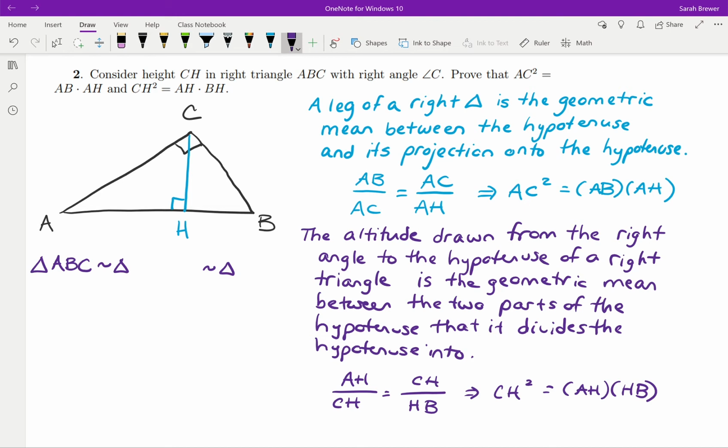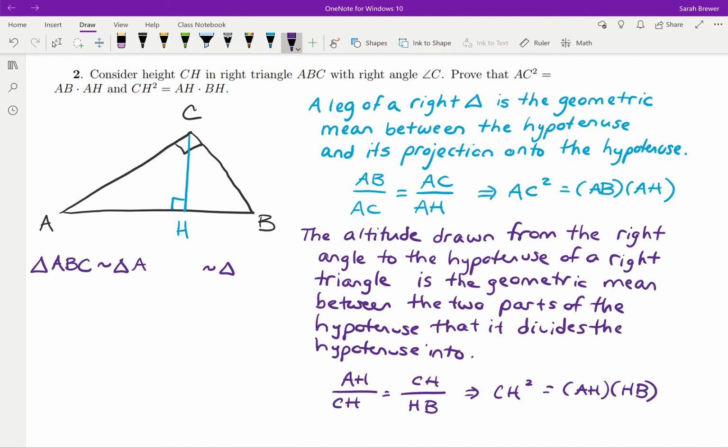And remember, we always want to list the vertices of our triangles in corresponding order. So if I'm looking at this triangle ACH, well, obviously angle A is equal to itself, so I'm going to list that in the same location as angle A in the original big triangle.